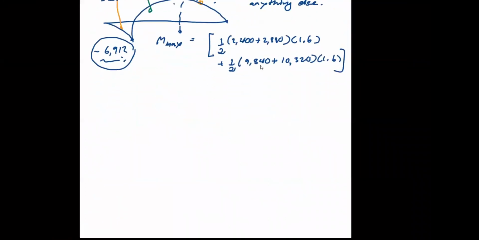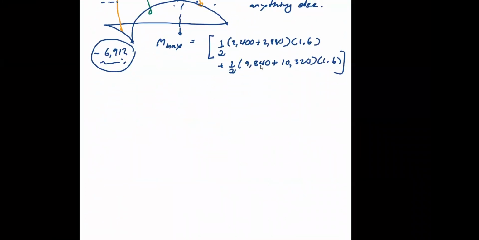I'm running out of space, but at least I can write B5. Okay. So what B5 is going to look like? It's going to look like this. And then you have the reaction from B4, which is equal to 10320.